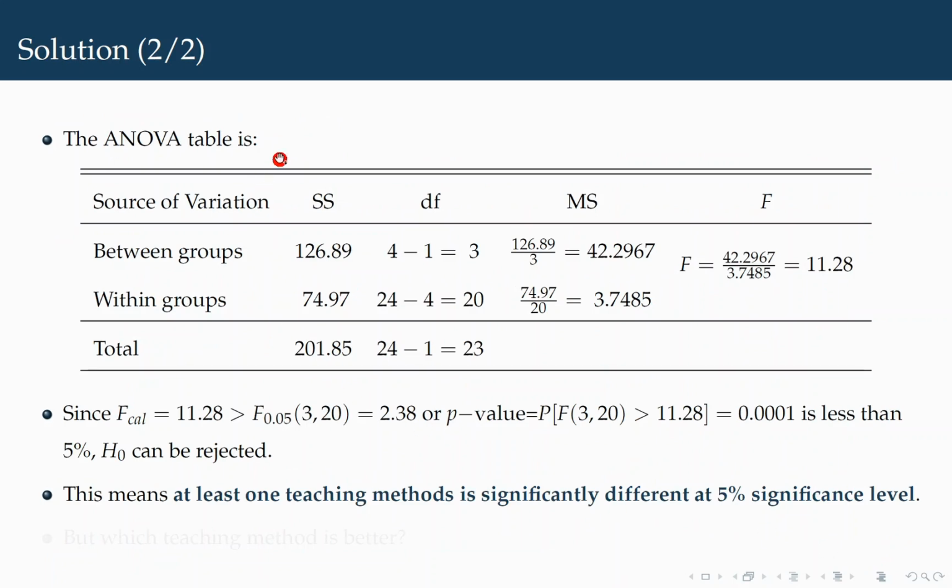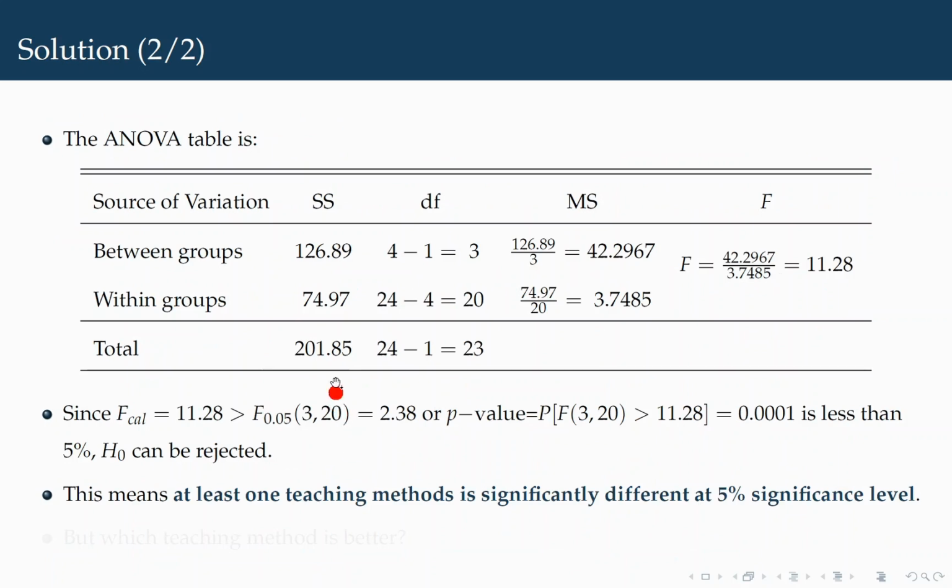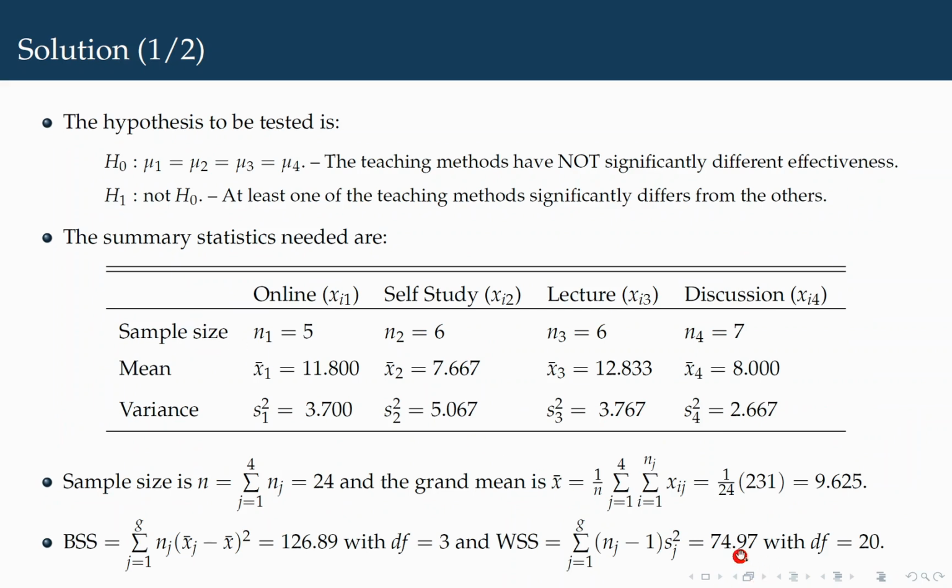So the ANOVA table can be presented in this form. Source of variation: between groups, within groups, total. The sum of the squares for the between groups is 126.89, and the sum of the squares for the within groups is 74.97.